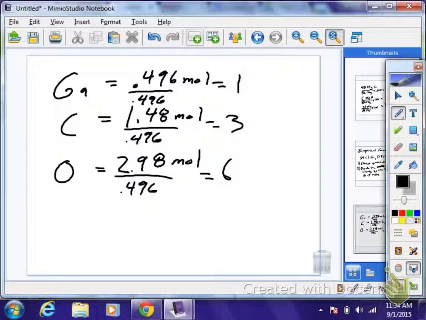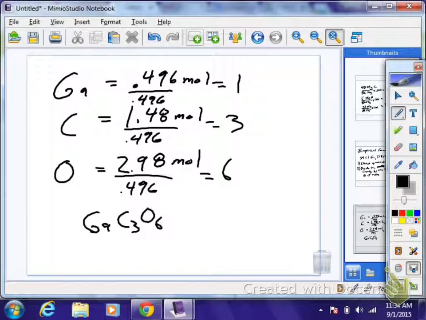Now, when you write this formula, sometimes you can be given a little bit of information. I picked this one out for a purpose of showing. That's what I got too.